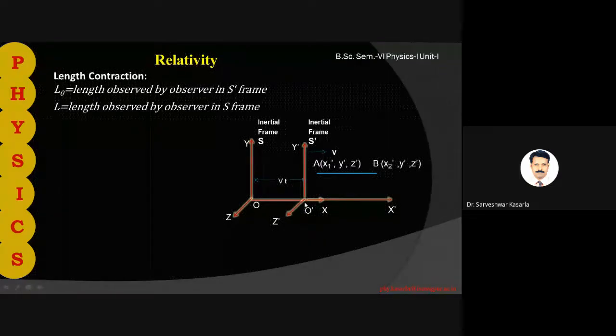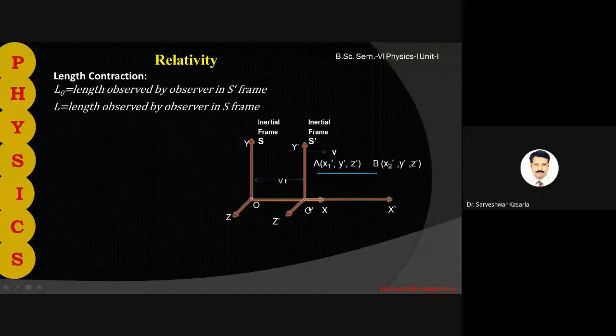Now here the origin O is stationary, O dash is moving. Initially O and O dash are coinciding.